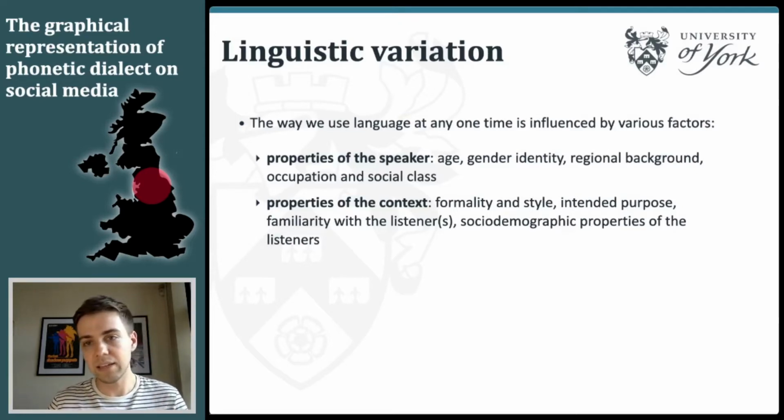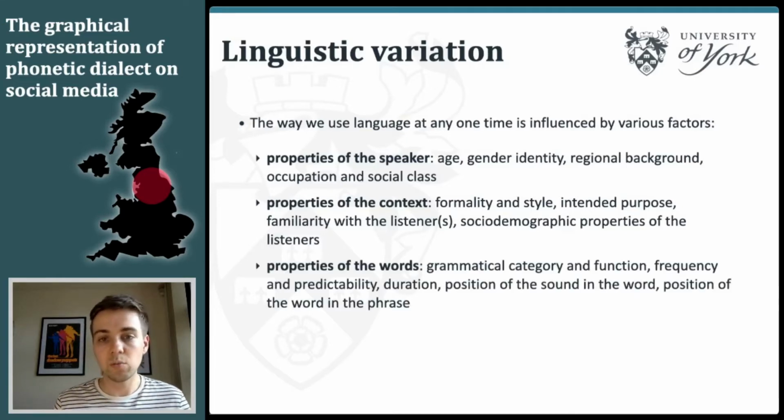So when I was talking about age and gender and things like that about the speaker, well, we may speak differently if we're talking to a group of older listeners compared to younger listeners. So lots of different things are playing a role here.